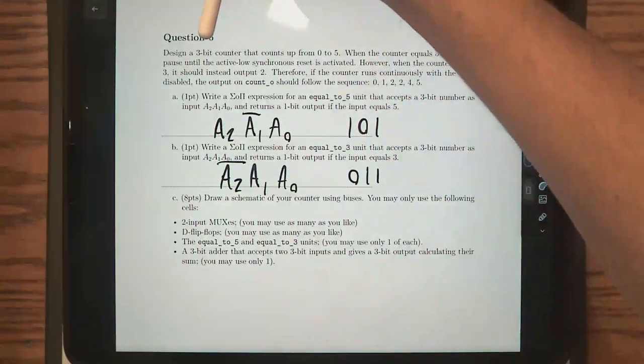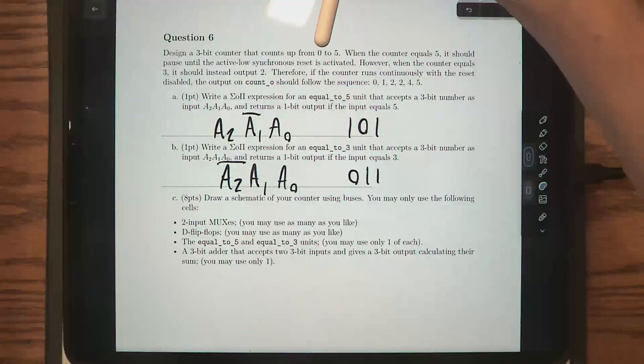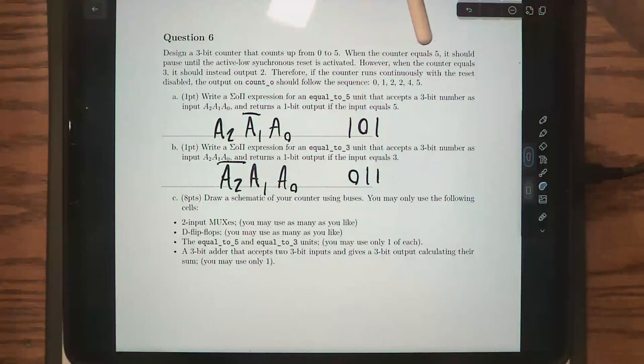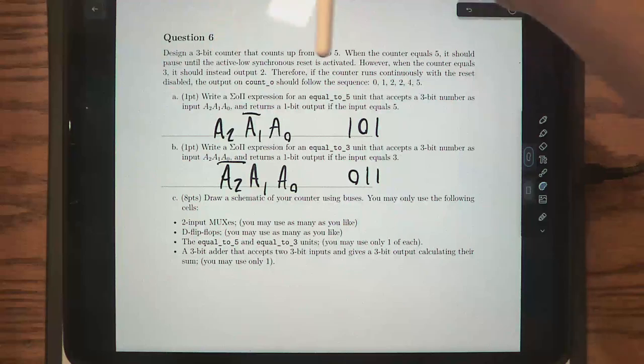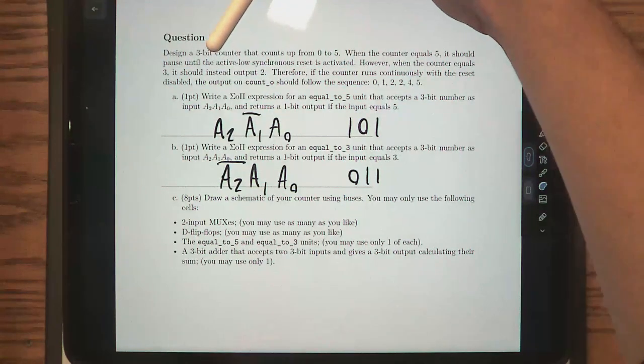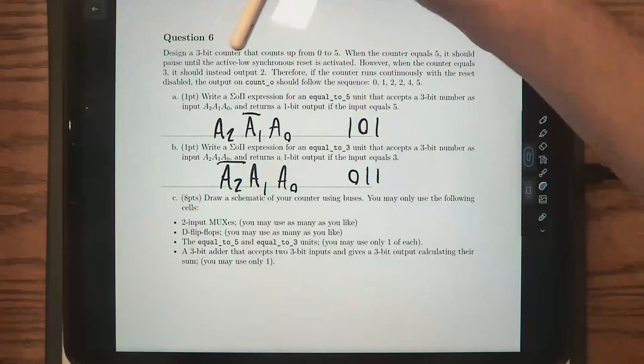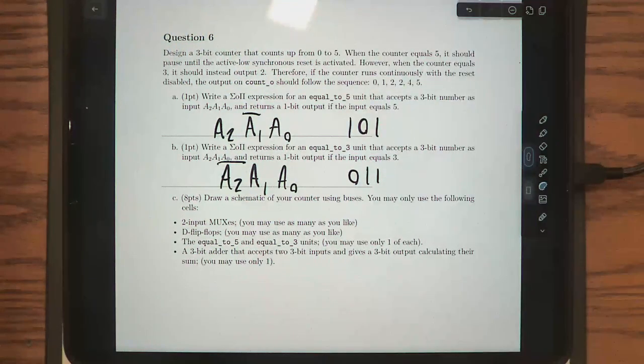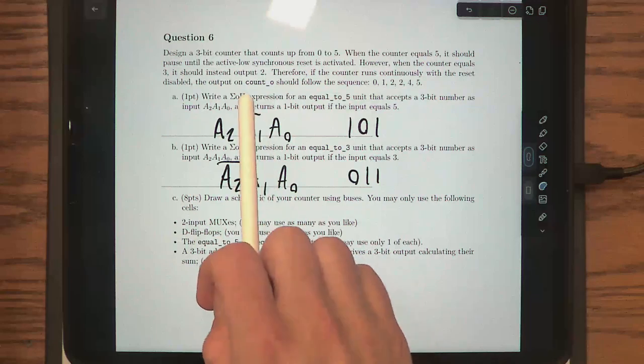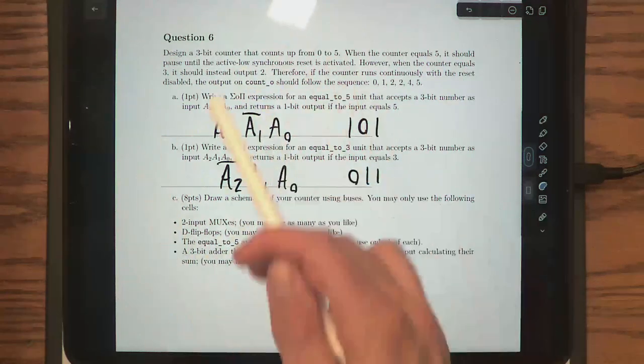So we have a 3-bit counter that counts from 0 to 5. And when the counter equals 5, it should pause until the reset is activated. But whenever it tries to output the number 3, instead it should just output 2 instead. So that is the description of this problem.